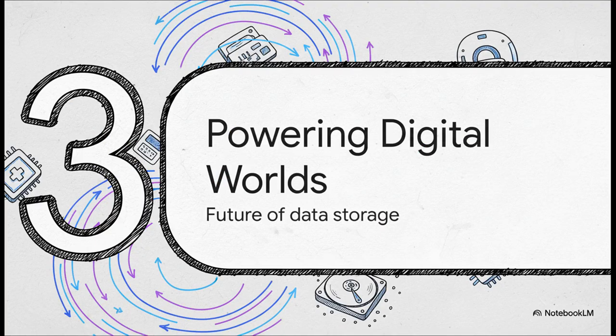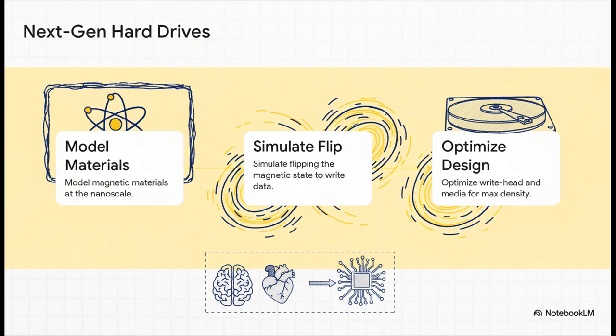Okay, so from saving lives, let's switch gears to saving data. Simulation isn't just revolutionizing medicine, it's also the driving force behind our constant quest for smaller, faster, and more powerful electronics. Let's think about the humble hard drive for a second. To cram more and more of your photos and videos into the same tiny space, engineers are using this technique called microwave-assisted magnetic recording, or MAMR.